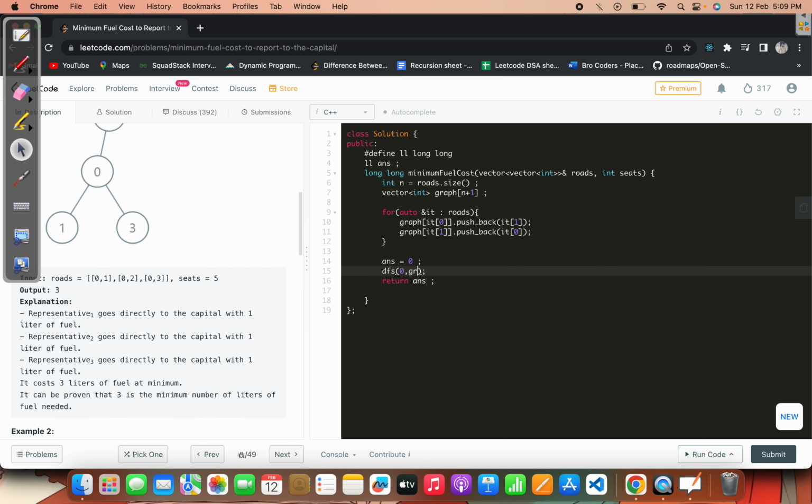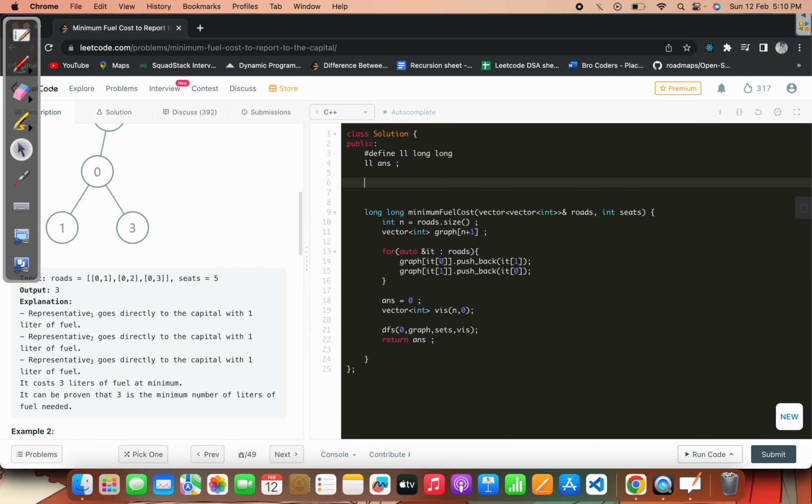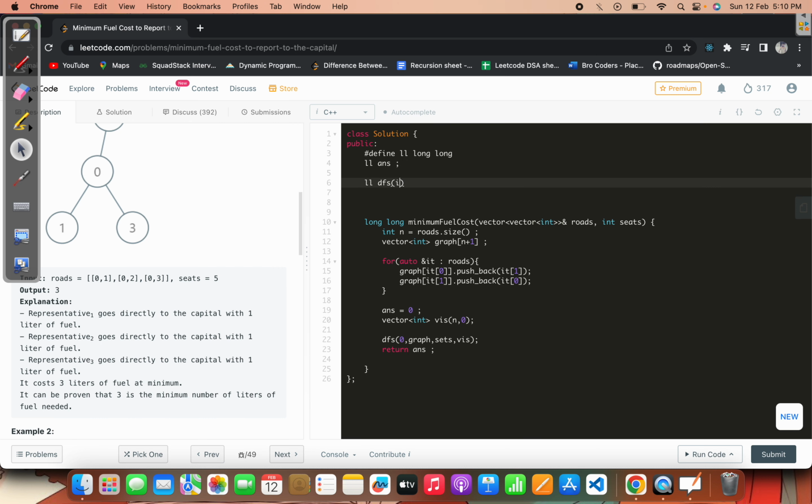We'll start DFS from here, the graph, and we will maintain a visited array, so we won't be visiting it again and again, and the seats. So let's now do our DFS. What's this seats? Sorry, seats.